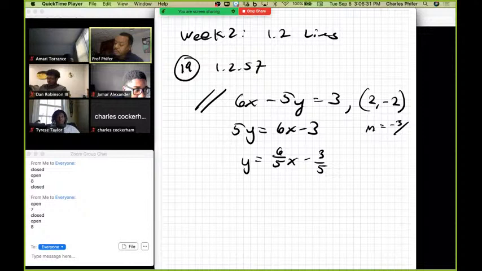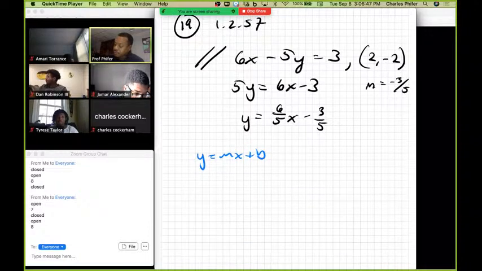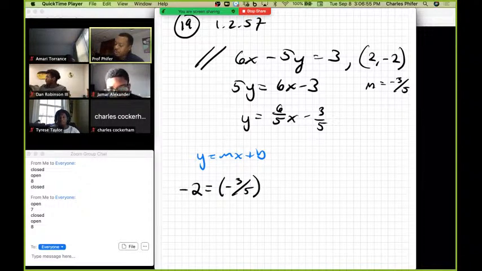It says slope-intercept form, so I'm going to start with y equals mx plus b. You don't have to do it this way, and I think the book probably does it a little differently, but there's more than one correct way to go about this. Our y is -2, our slope is -3 over 5, our x is 2. The only thing we don't know is b.